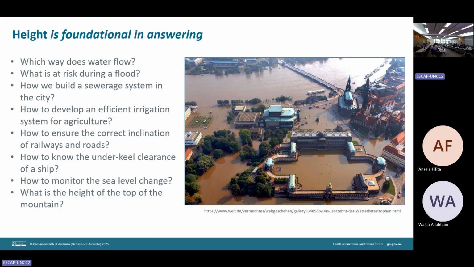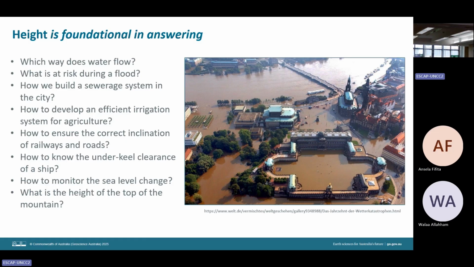Without precise knowledge of height, we can't confidently build houses above historic flood levels, design reliable drainage and sewerage systems, or construct roads and railways with the correct slope to ensure safe operation. Accurate height measurements allow us to understand where water will flow naturally, and how much land is at risk during floods, and how to deliver irrigation efficiently to agricultural fields.